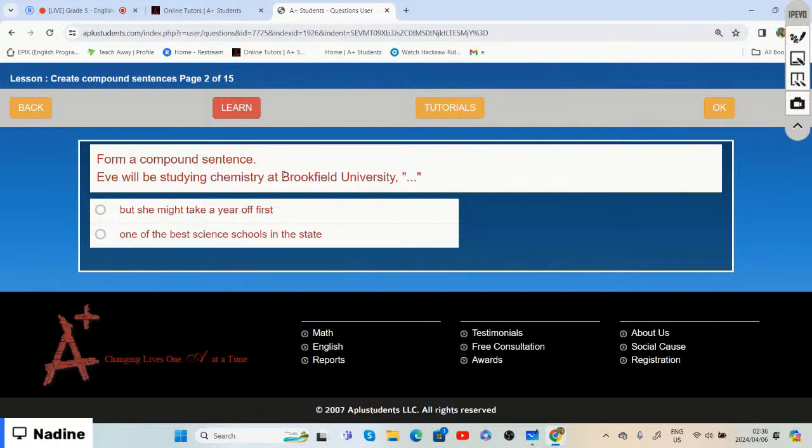"Eve will be studying chemistry at Brookfield University, but she might take a year off first," or "Eve will be studying chemistry at Brookfield University, one of the best science schools in the state"? Option 1 or option 2, if we join it with that first sentence, and then we will create a compound sentence.